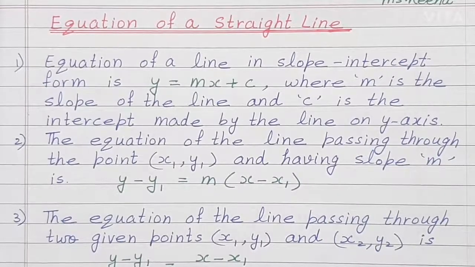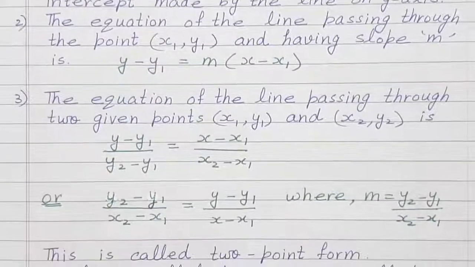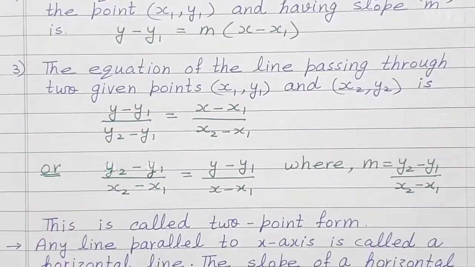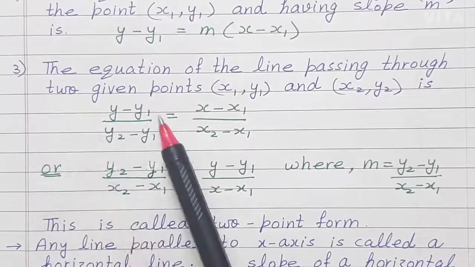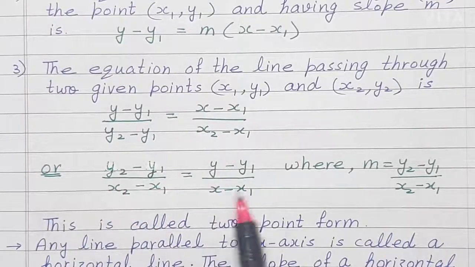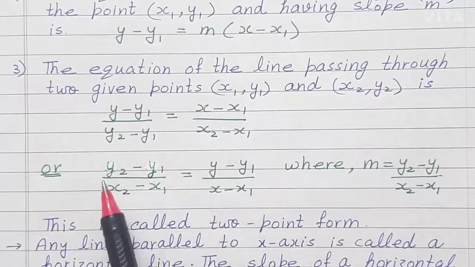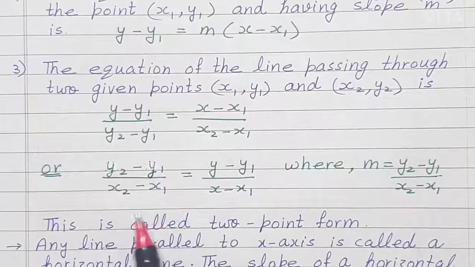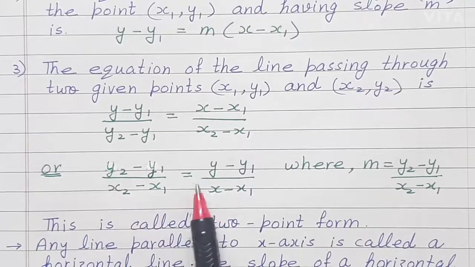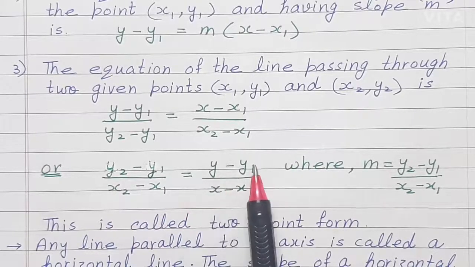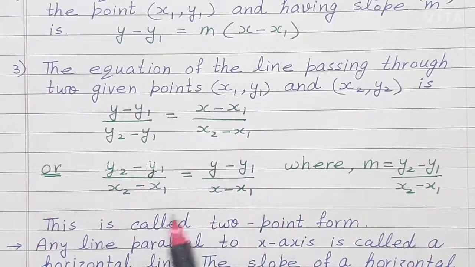These are the formulas that we are going to apply in questions. Clear? And the third form is called the 2-point form: (y2 - y1)/(x2 - x1) = (y - y1)/(x - x1). Clear?